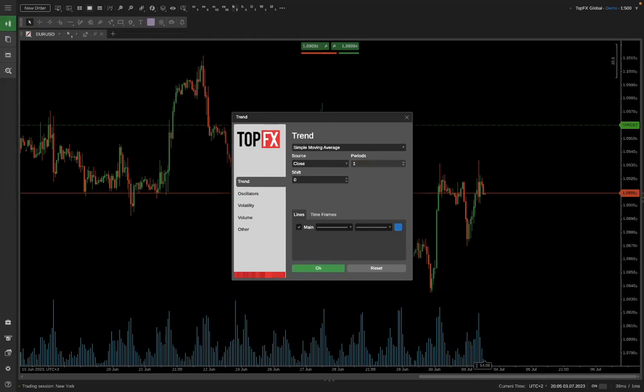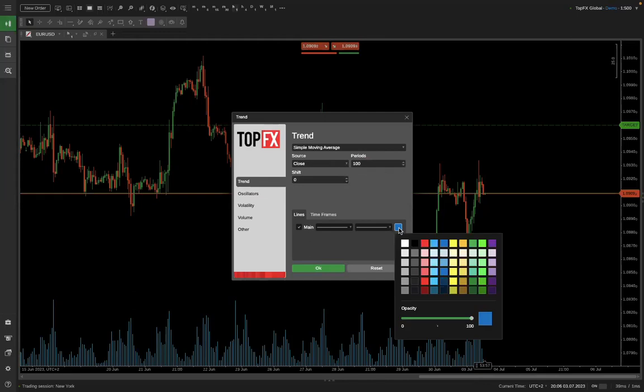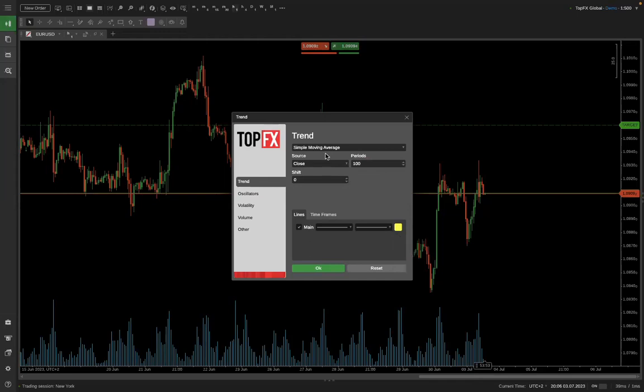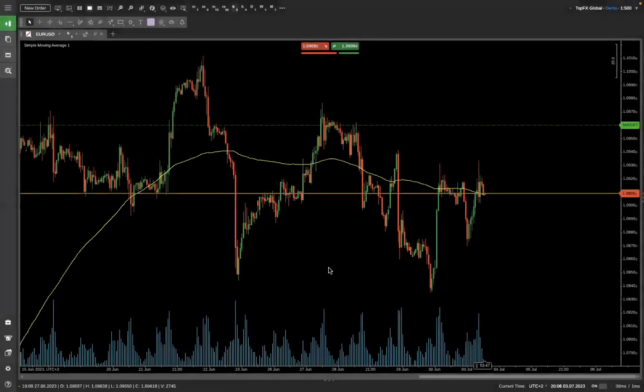What I'm going to use is 100 periods without any shift forward or backward. I will make that line yellow. That simple 100 periods moving average will be the yellow moving average. So this is the moving average on a 1-hour chart of the Euro Dollar.